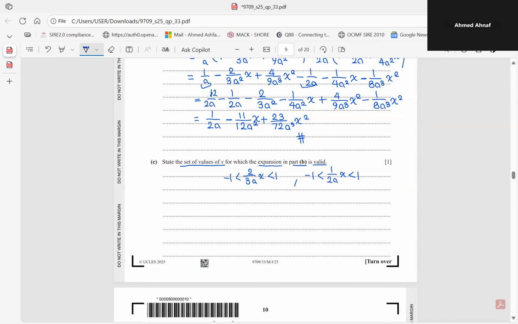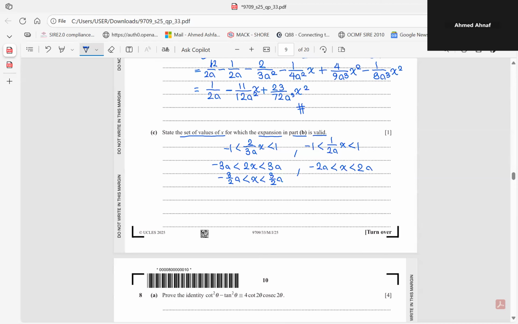Okay. So let's multiply by 3a. So you get minus 3a less than 2x less than 3a. Now dividing by 2, you get minus 3 over 2a less than x less than 3 over 2a. And then this one, just multiply by 2a, you'll get minus 2a less than x less than 2a.